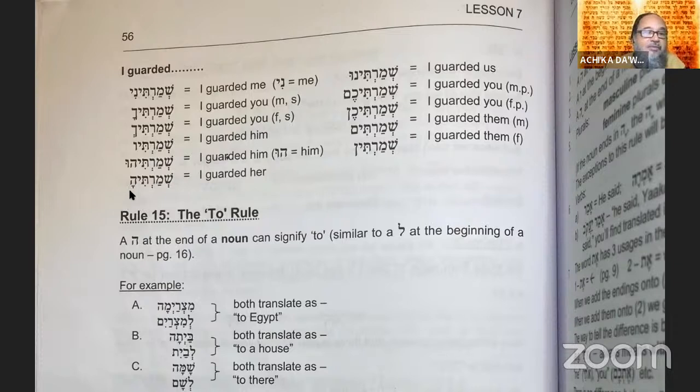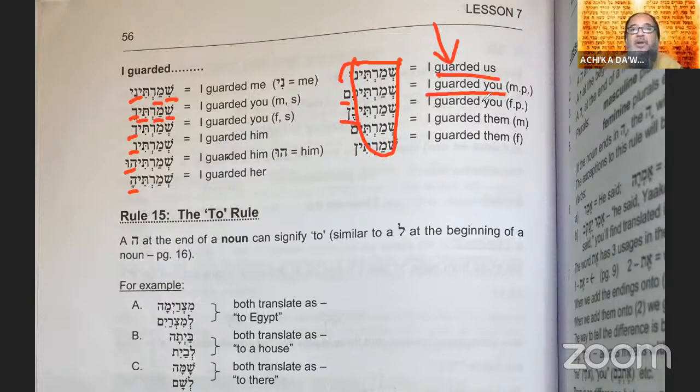Okay. Practice these endings. Take it piece by piece. Shamar, shamarte, shamarte. It's all the same. Shamartenu, shamartakim, shamartakin. And then after you finish saying this over here, I want you to direct your attention over here and say it.